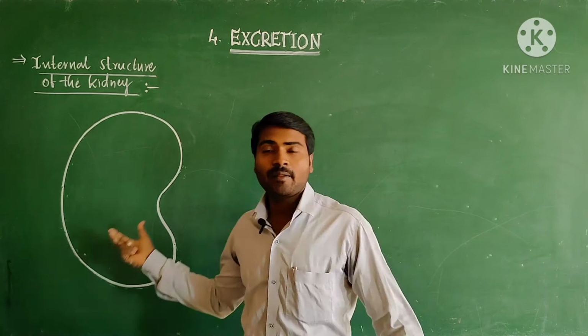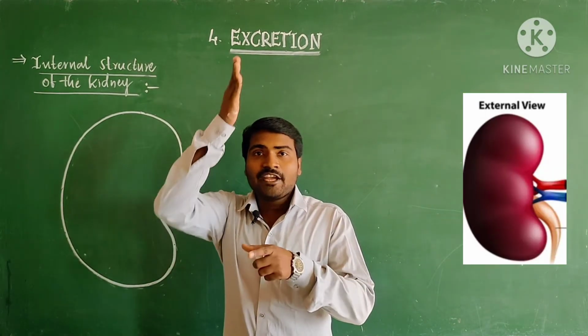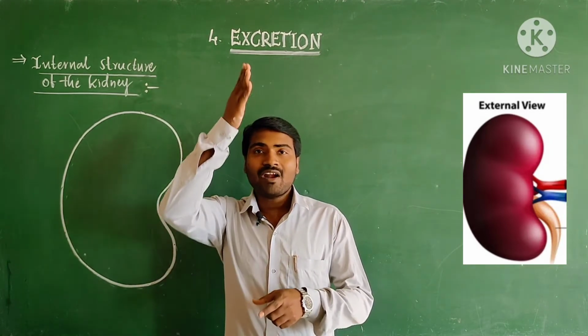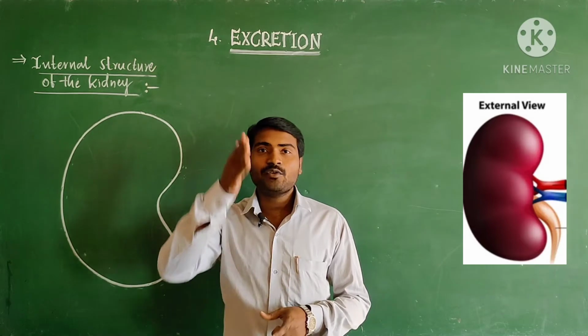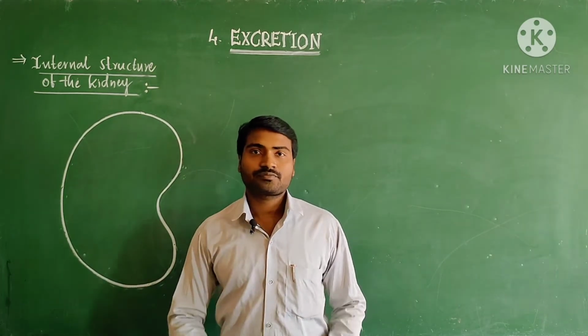This is a kidney, a bean-shaped organ. When we take a longitudinal section, LS of the kidney, nothing but vertical cutting, then we can see the internal structure.